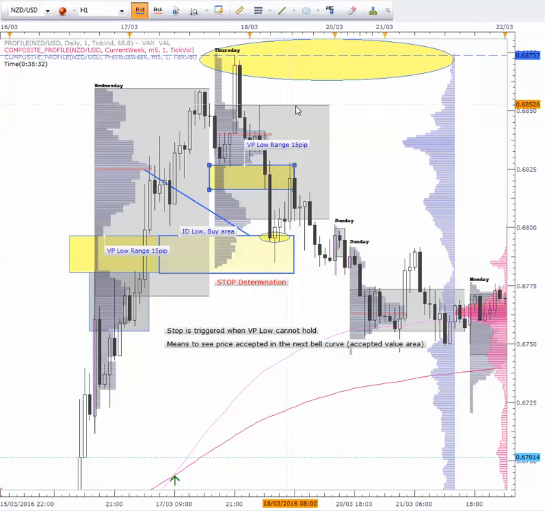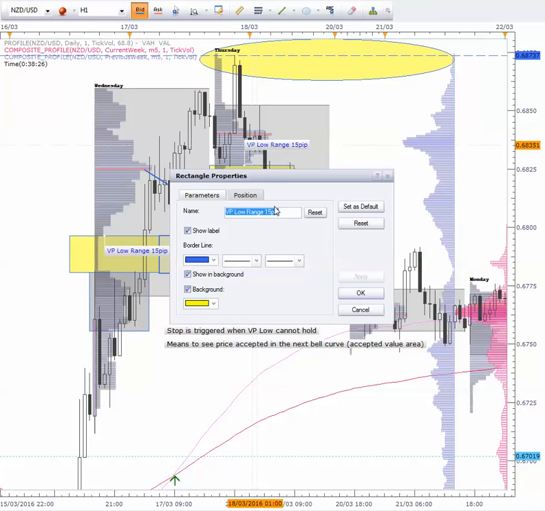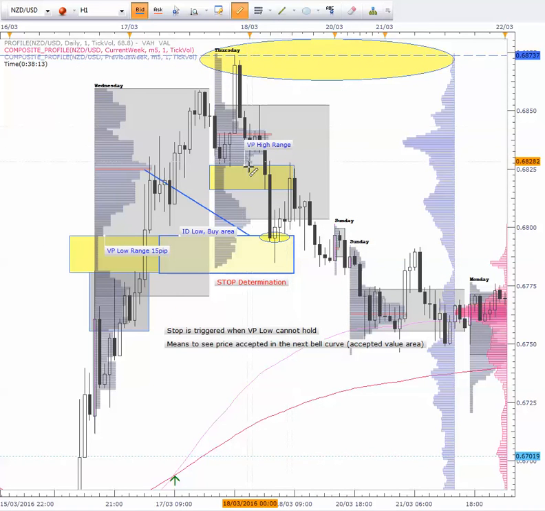at the close of this day and the open of the next trading day, I will have this completed profile, and it will show me a volume profile high range. And that range is about 9 or 10 pips.